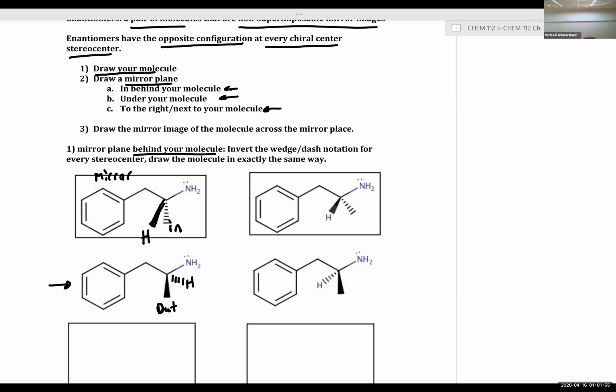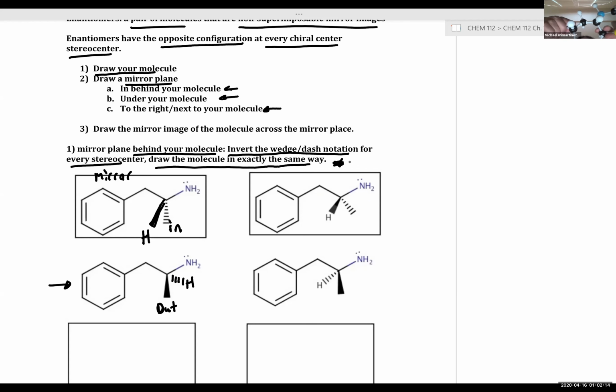So in effect, for the mirror plane behind your molecule, you invert the wedge-dash notation for each stereocenter, and you draw the molecule in exactly the same way. This is really important. You can't just easily redraw or flip your molecule.